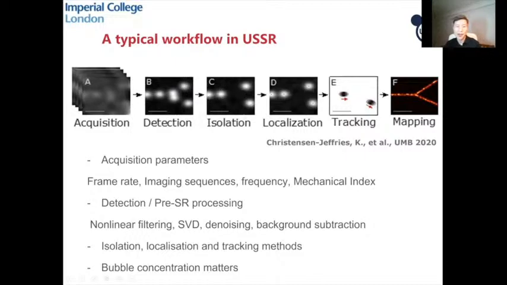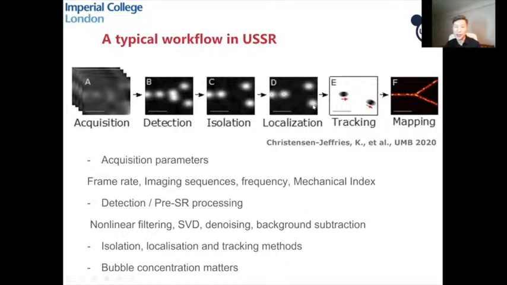Then there's the isolation stage, where you can see that some of the bubbles are separated and apart, but some of them are close together. And when they are close together, the signals mix up. So when you find the centroid of it, it will be in the wrong position. So we need to remove these and only find the isolated individual bubbles. And then, as you can see here, there are dots.